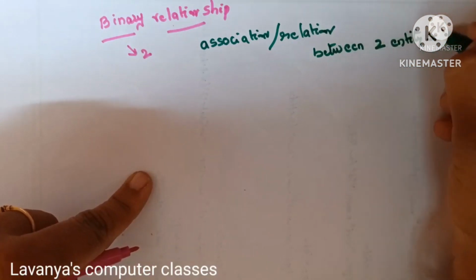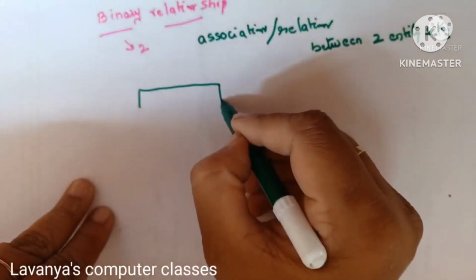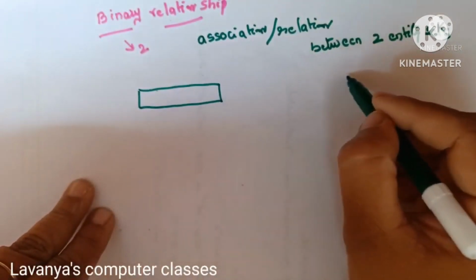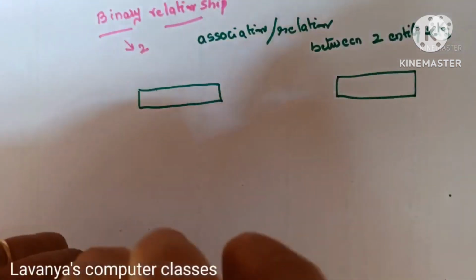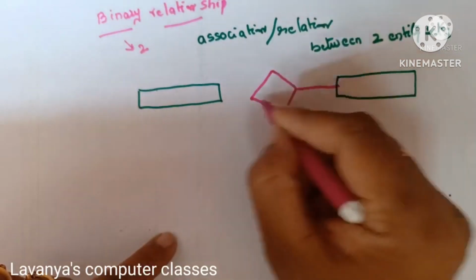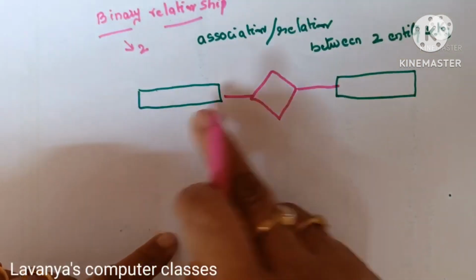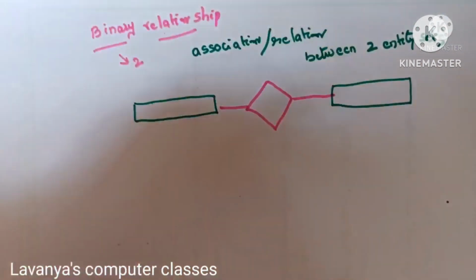Association between 2 entity sets is known as binary relationship. So here one entity set, one more entity set. These 2 entity sets are related with one relationship. The rhombus is for the relationship in the diagram. So this is the representation of binary relationship. 2 entity sets, one relationship.